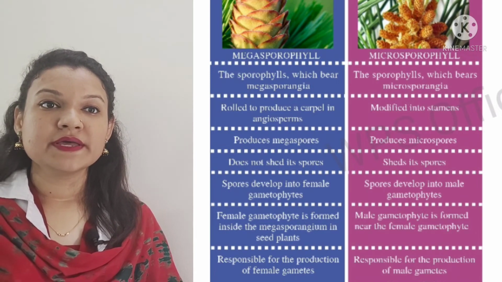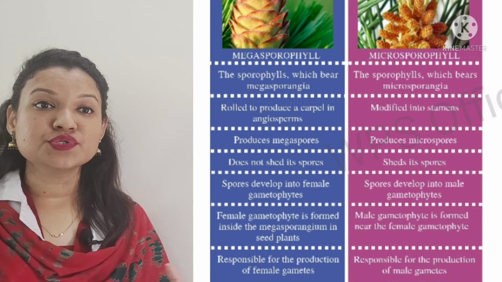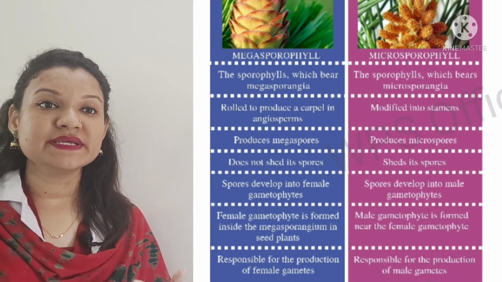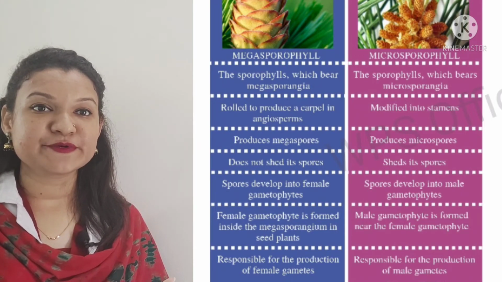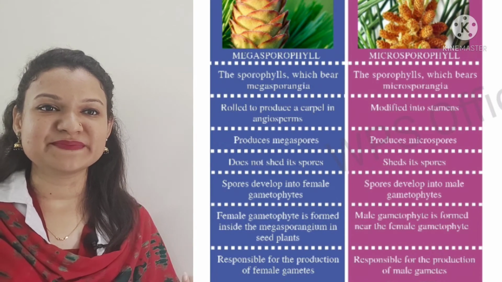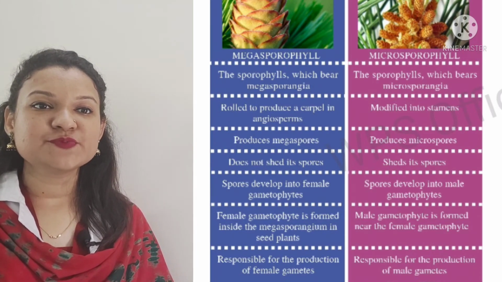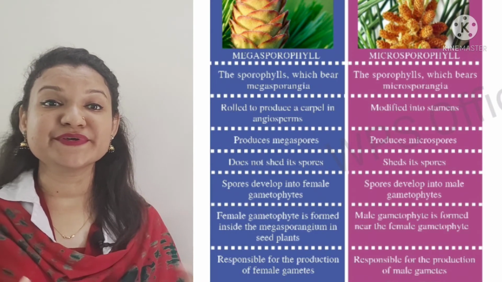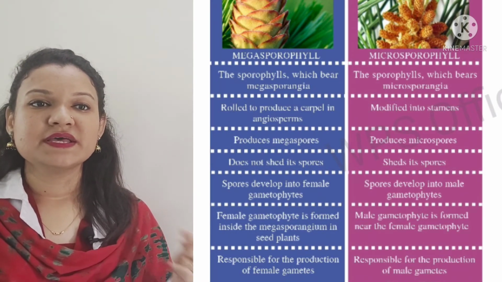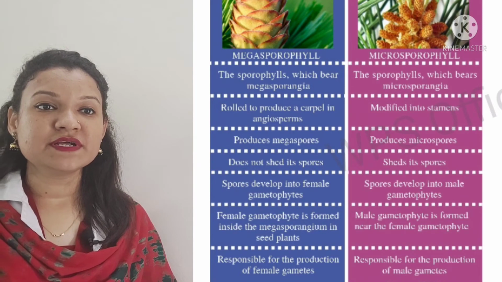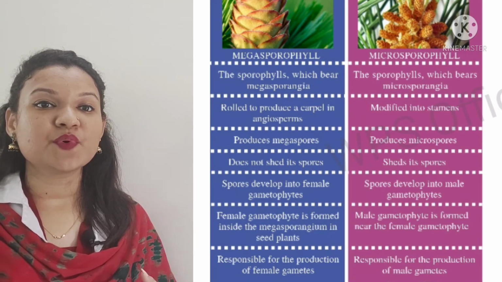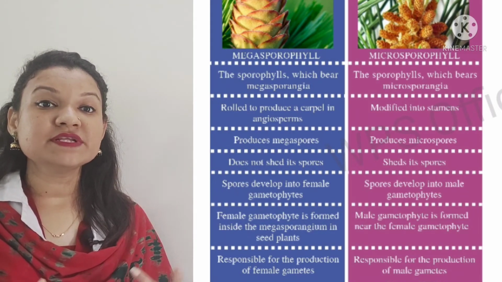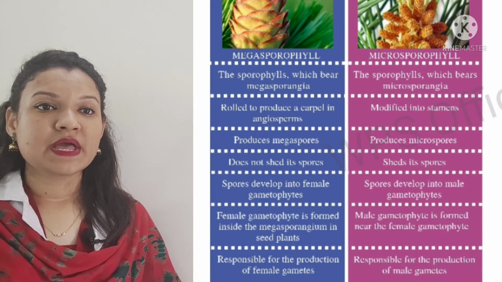Number 2: the megasporophyll is the equivalent of the carpel in angiosperms. The microsporophyll is modified into stamens. The megasporophyll produces megaspores; the microsporophyll produces microspores. The megasporophyll does not shed its spores; the microsporophyll sheds its spores.